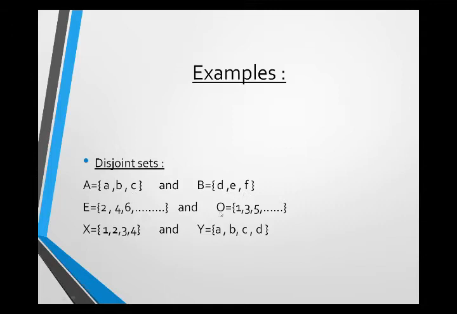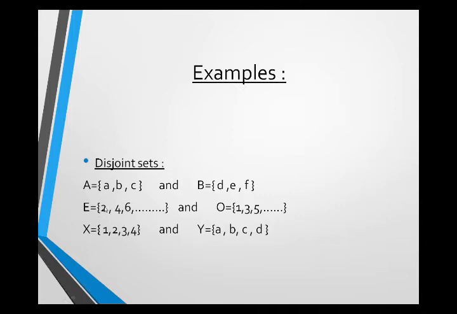Now we move towards another example of disjoint sets. Here I write a set E equals 2, 4, 6 and so on. Students, previously I told you about these dots: they show that the counting must go on.